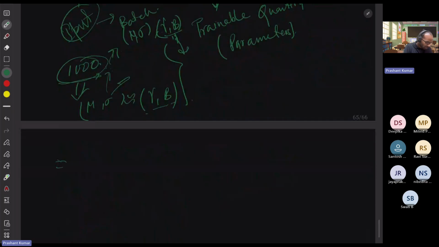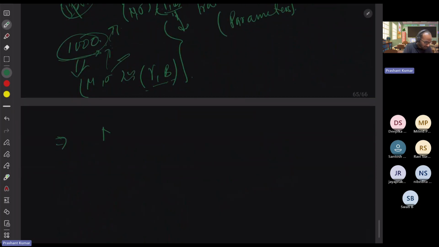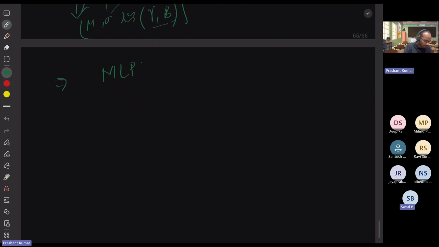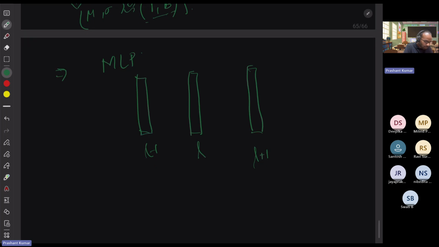However, let's talk a little bit about a simple MLP, multi-layer perceptron, in which I have a layer L minus 1 and another layer L plus 1. So basically, you can write the output of this network as AL, and the output of the next as AL plus 1, and then AL plus 2.